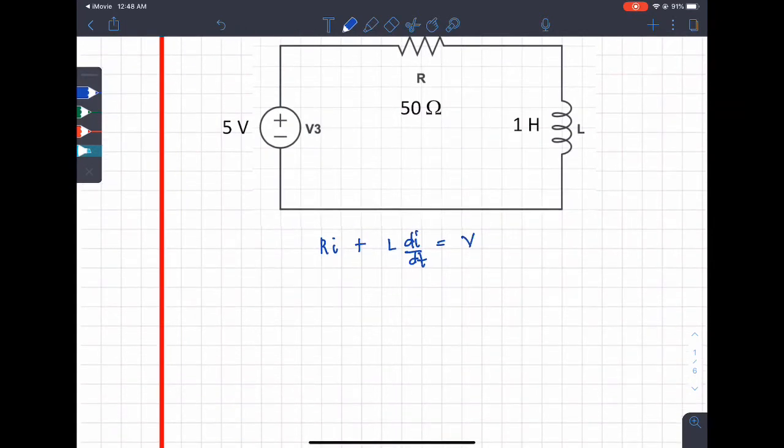And in here, we just need to substitute. So 50i plus our inductance is 1 Henry, so that would just be di over dt. Then that would be equal to 5 volts.